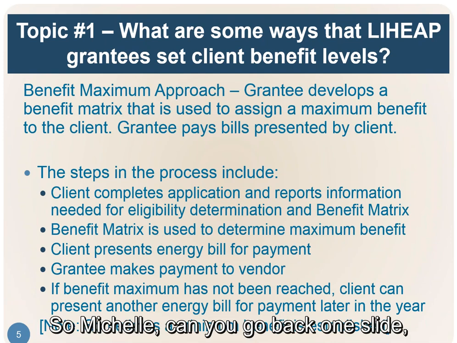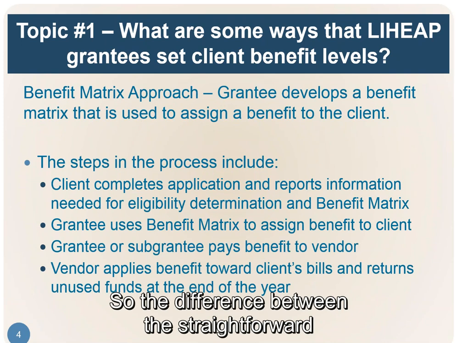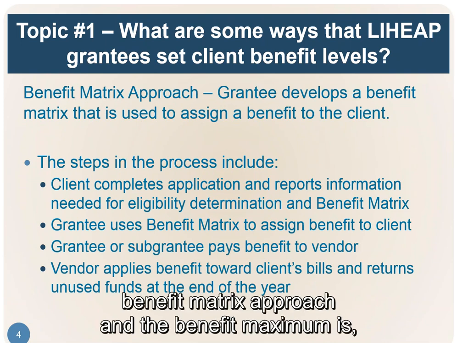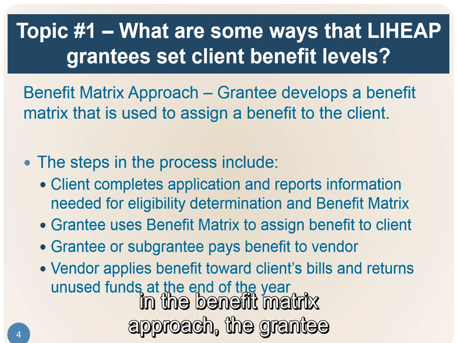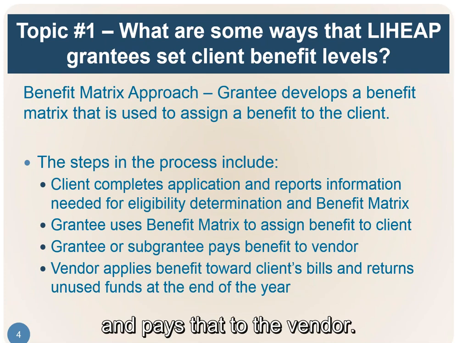So Michelle, can you go back one slide to slide 4? So the difference between the straightforward benefit matrix approach and the benefit maximum is, in the benefit matrix approach, the grantee goes ahead, decides what the benefit is, and pays that to the vendor.